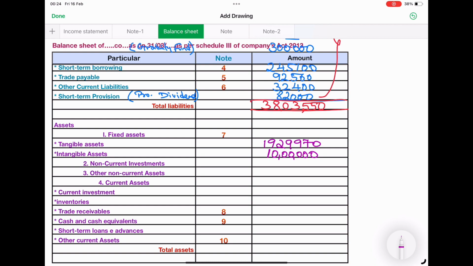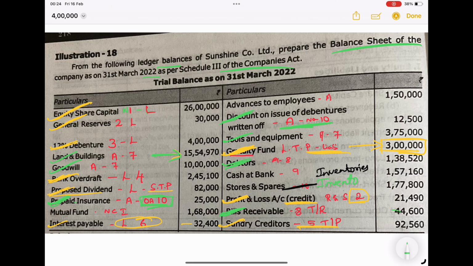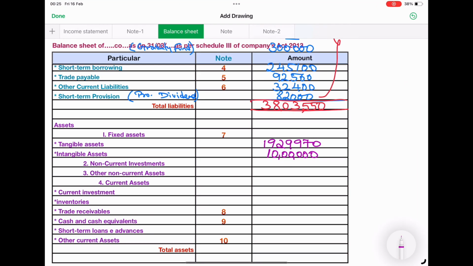Here we have identified this mutual fund as a non-current investment, or else you can identify this as a current investment, because they have not clearly mentioned whether it is small cap or long cap. They haven't told anything, so you can identify with your perspective. So I identified this as a long-term investment. So non-current investment 1,68,000.